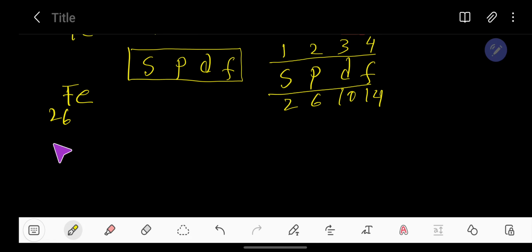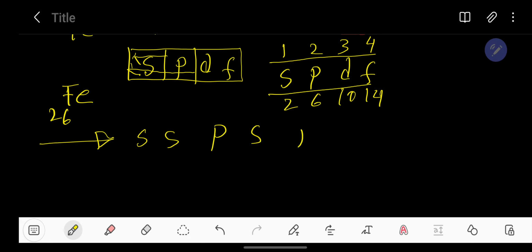To write the electron configuration of iron, we need to write the orbital sequence. How to do that? At first you take s just once, then you consider these two at the same time, p s, and you write it twice. Then you consider these 3, d p s, and you write d p s twice.